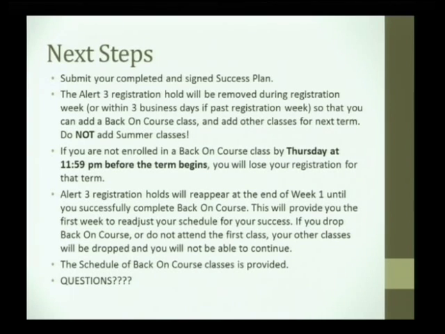And you are going to be receiving a list of back-on-course CRNs by the end of this week, through your email. So be sure your email is correct and you're checking your email. You're going to get a list of probably 4 or 5 back-on-course CRNs for winter term.